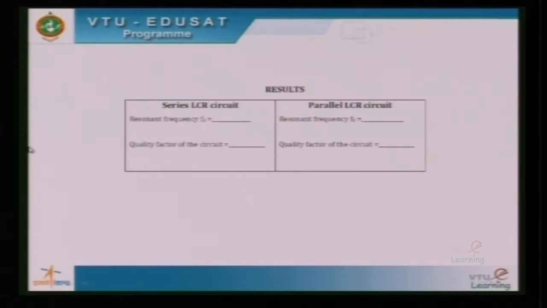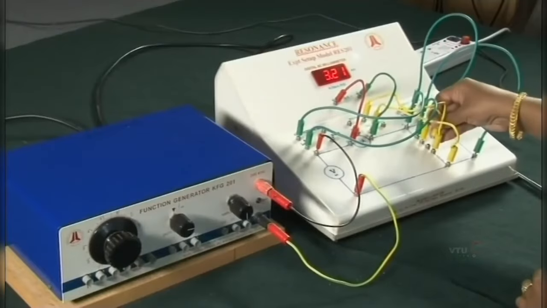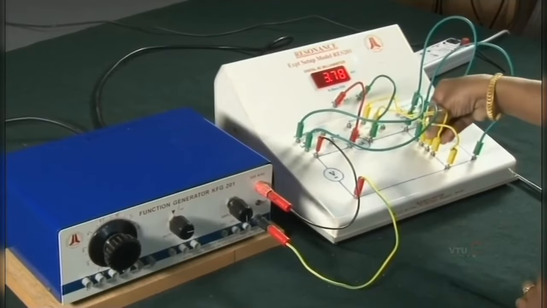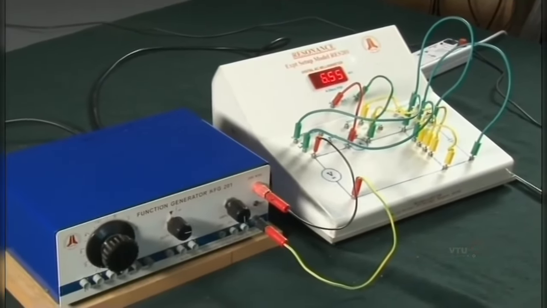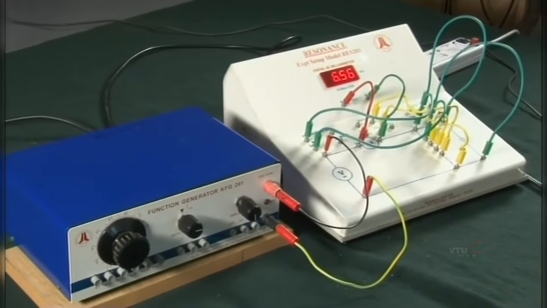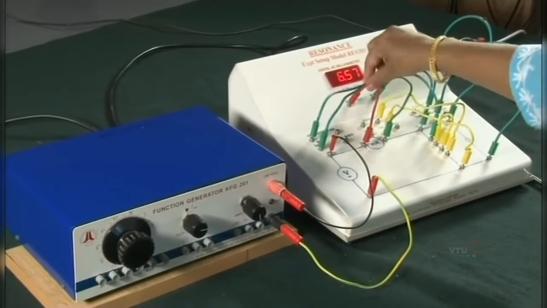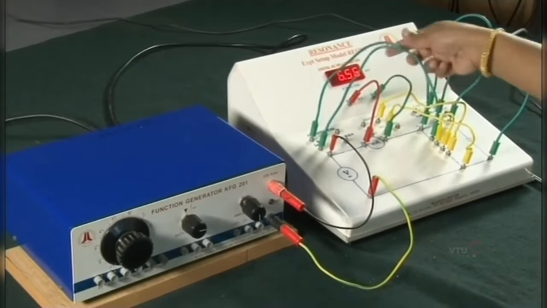This procedure is repeated for the parallel resonant circuit by connecting the capacitance in parallel with the other two, L and R, with the same set of values.